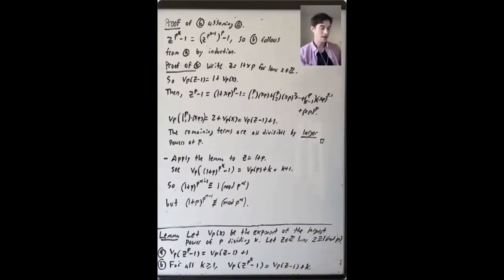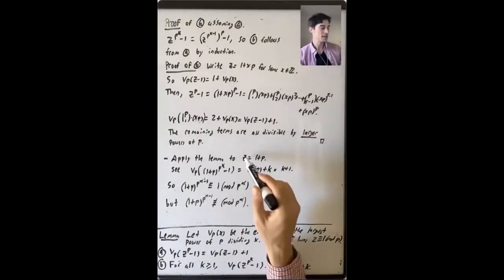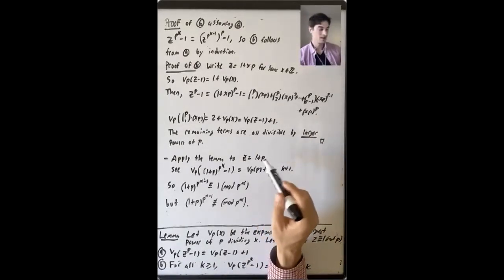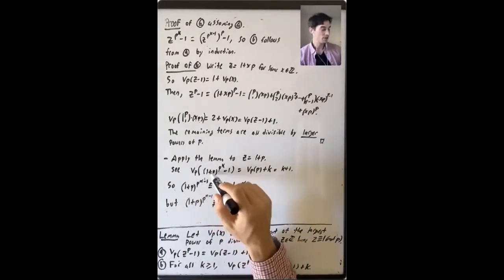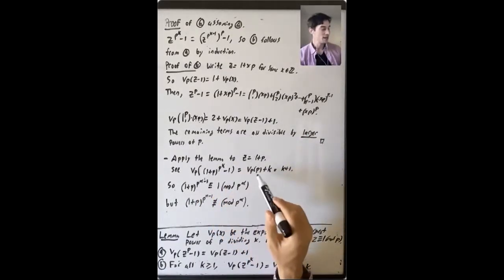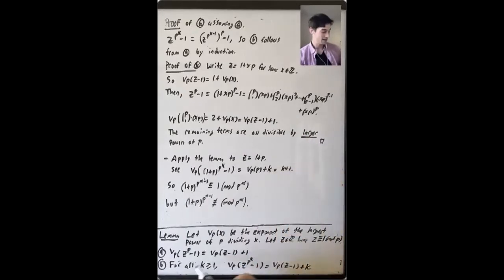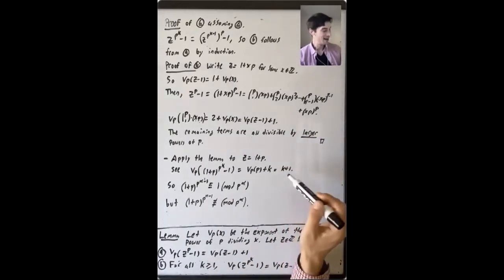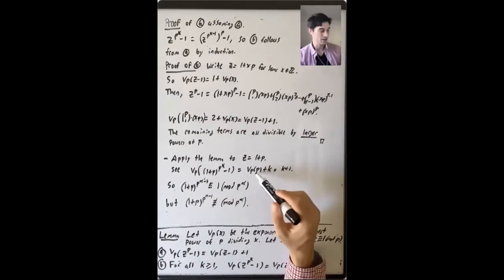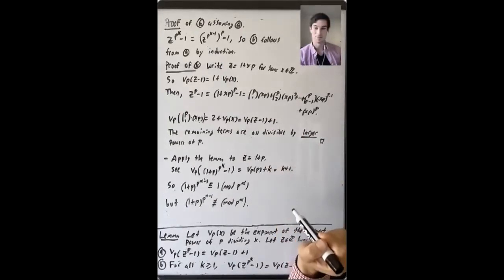Okay, so now let's apply this lemma to z equals 1 plus p. So vp of 1 plus p to the p to the k minus 1 is vp of p plus k. We're just applying this straight out. And vp of p is 1. So this is k plus 1. Okay, so now what does that mean?